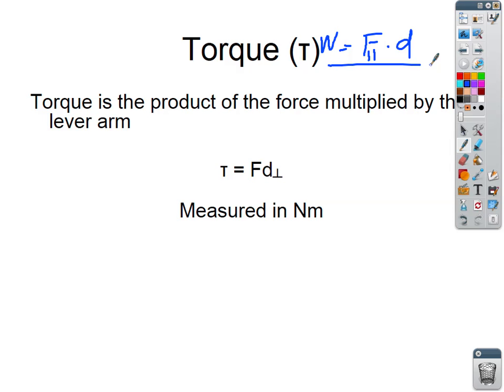Torque is creating this rotational motion rather than providing energy to the object itself. Torque will help create some rotational energy, but we'll talk about that a little bit later as well.